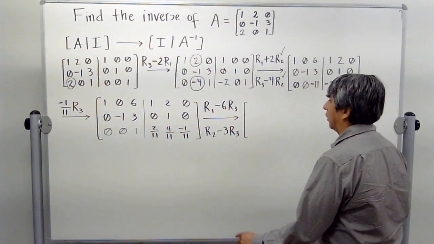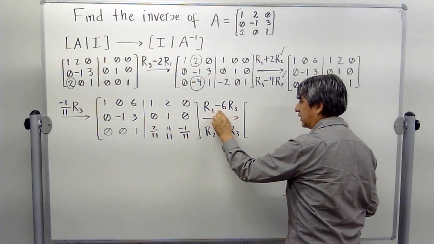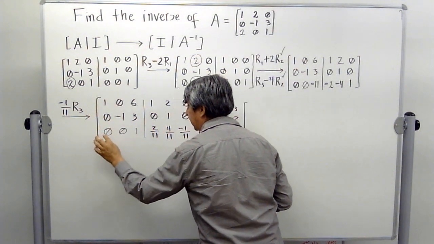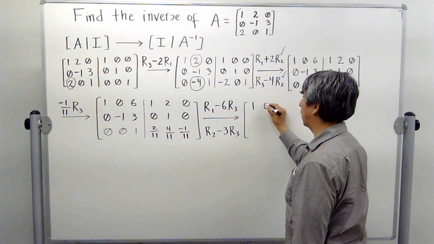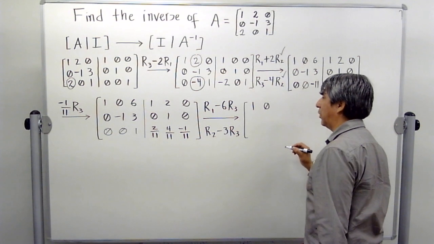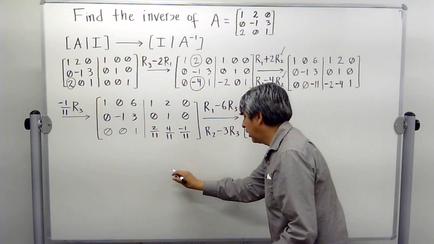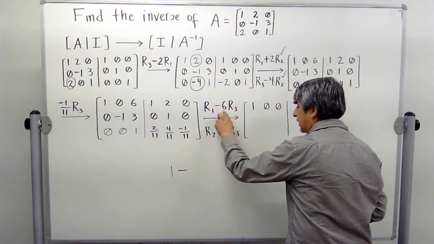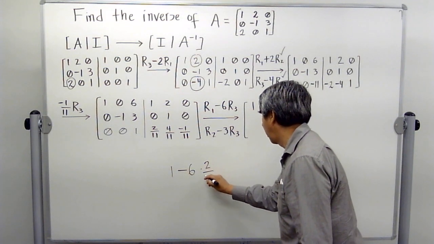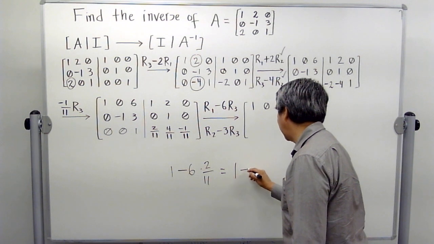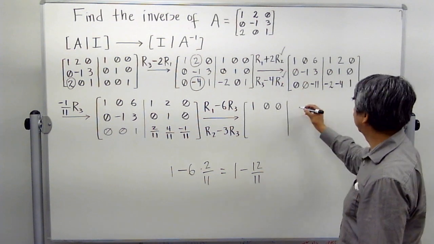Okay, so let's take care of this elementary operation. Row 1 minus 6 row 3. 1 minus 6 times 0 is 1. 0 minus 6 times 0 is 0. 6 minus 6 times 1 is 0. 1 minus 6 times 2 over 11 becomes 1 minus 12 over 11, which is negative 1 over 11.